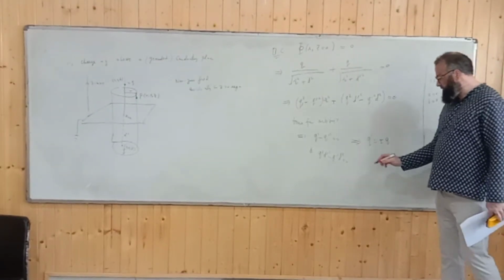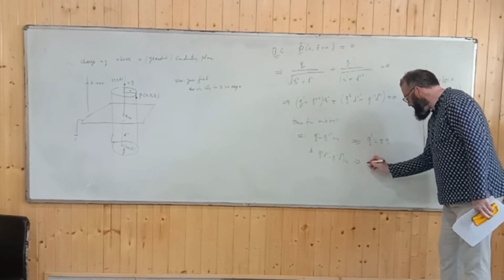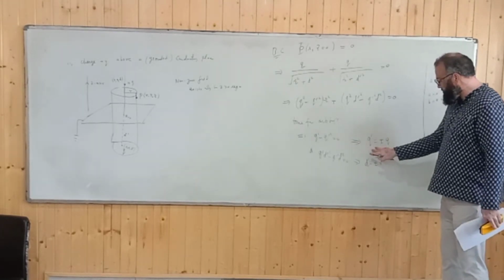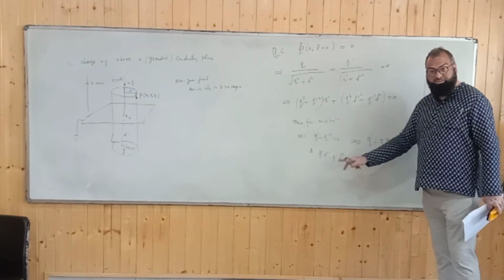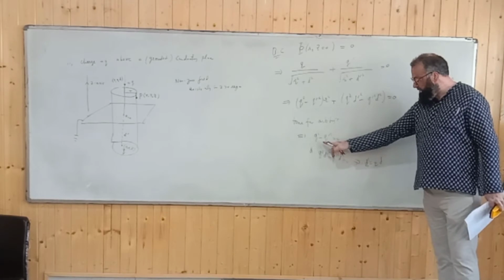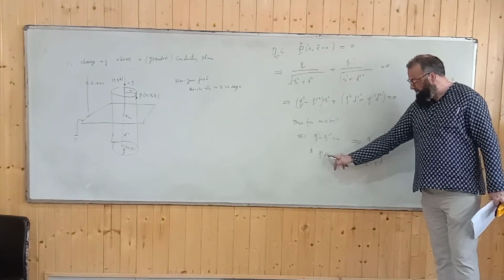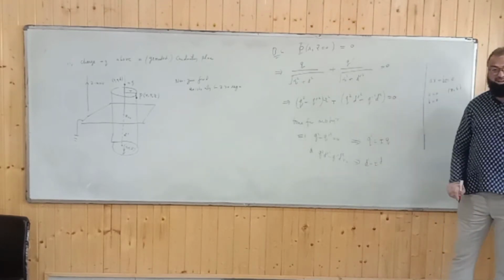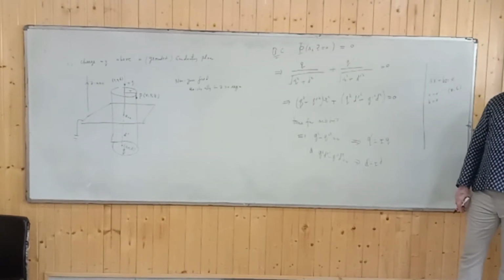Clear? From this very equation, it gives me d prime is plus minus. Substitute this q prime here in this very equation. Q prime square is equal to q square, so you will get d prime square minus d square is equal to 0. So it gives me simply d prime is equal to plus minus d.